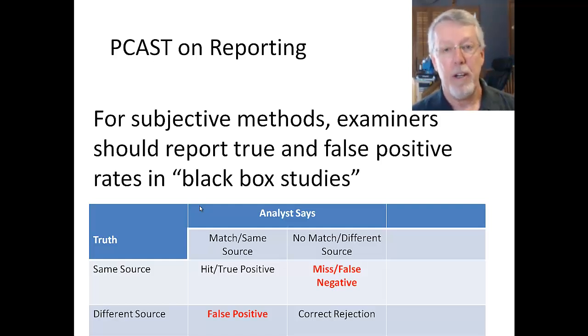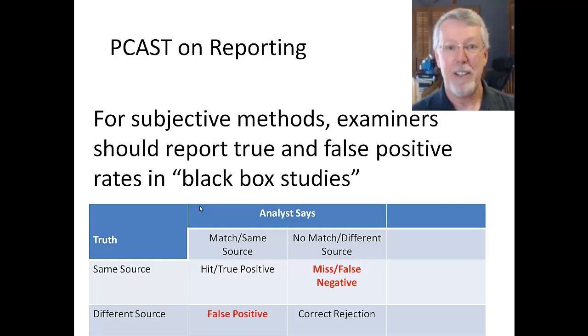So in other words, if latent print examiners, for example, can't say exactly how rare the features they've identified in two prints are, we can make them participate in a study in which they are required to look at pairs of prints that we know to be from the same source or from a different source, and then we can test the accuracy of their classifications.